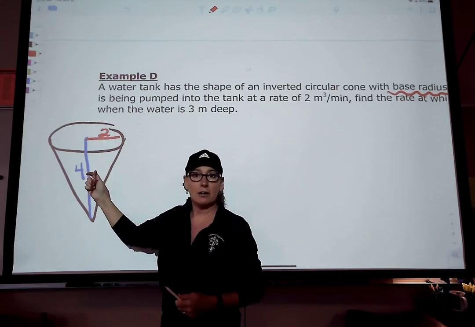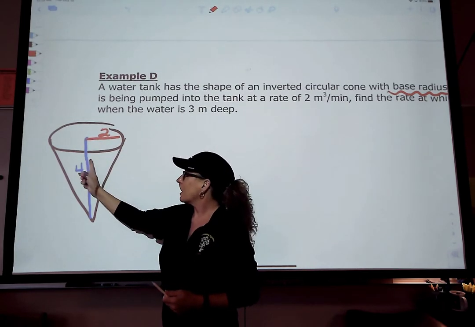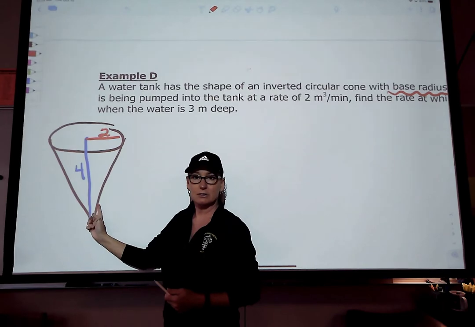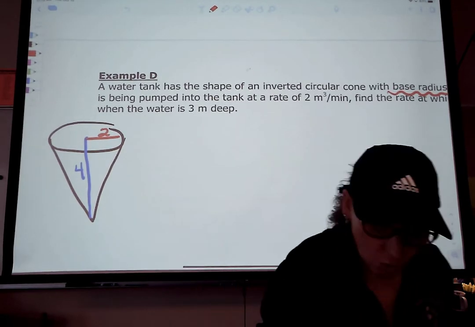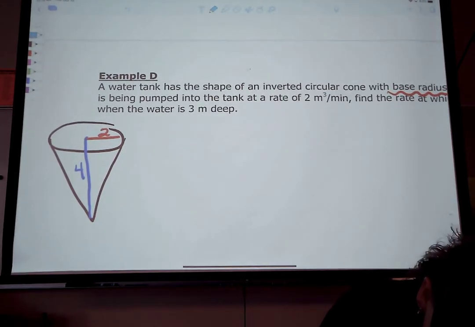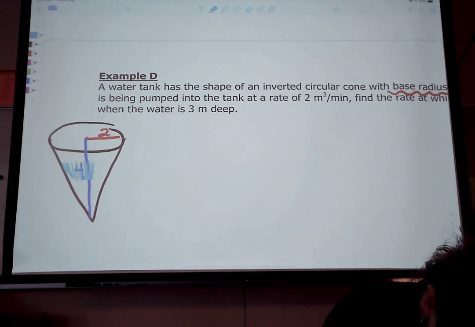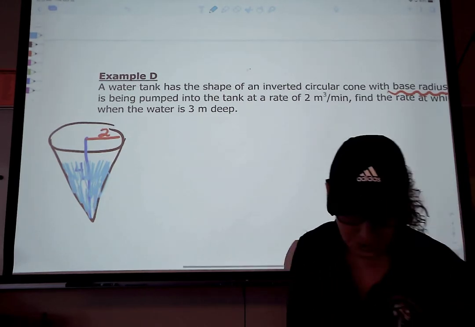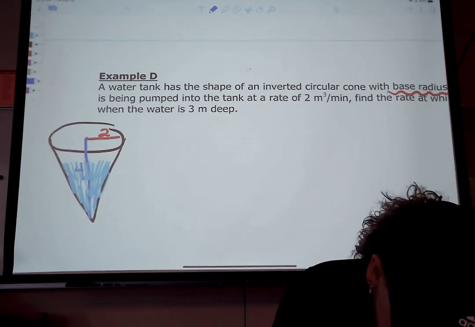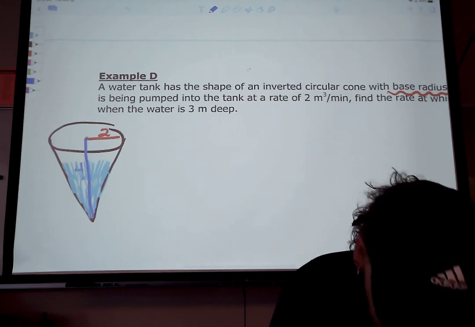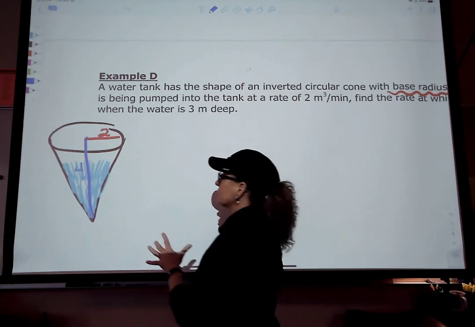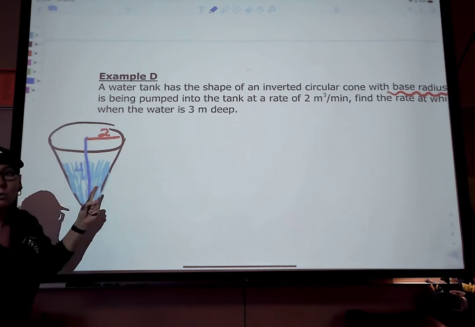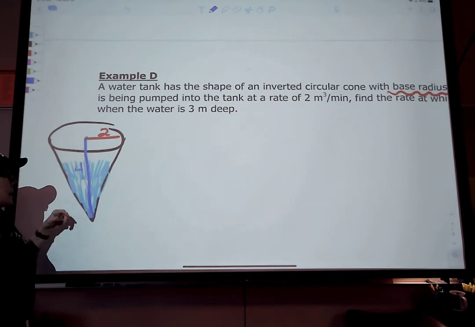Do you see the right triangle that's formed with the radius, the height, and the slant piece? It's a right triangle. Look at what happens when I fill it with water. Okay, check out the right triangle that I made of water.